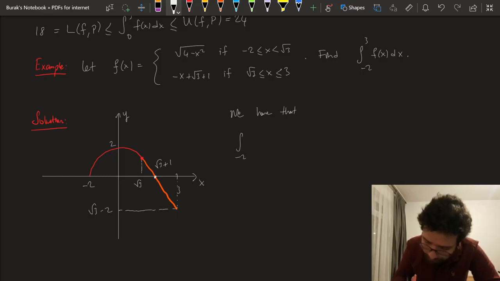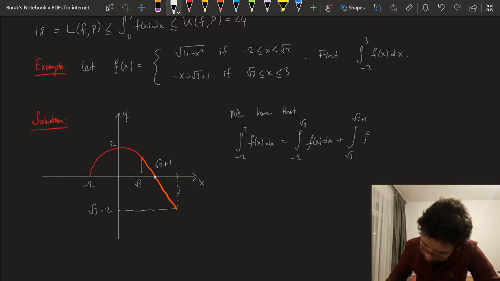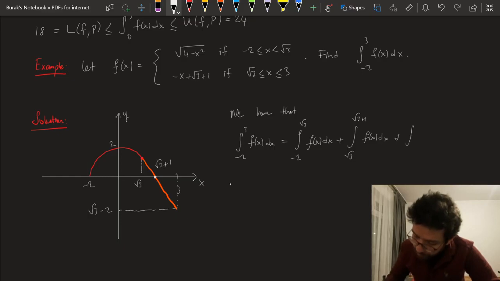The integral of this function, I can write as a sum of 3 separate integrals. Okay, integral of f from minus 2 to root 3, integral of f from root 3 to root 3 plus 1, and integral of f from root 3 plus 1 to 3.